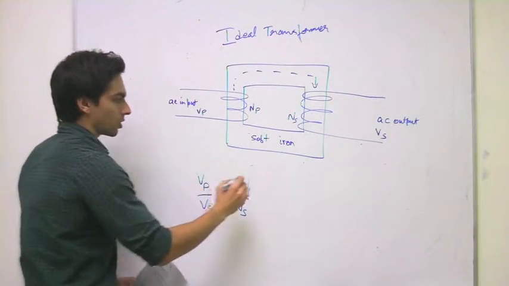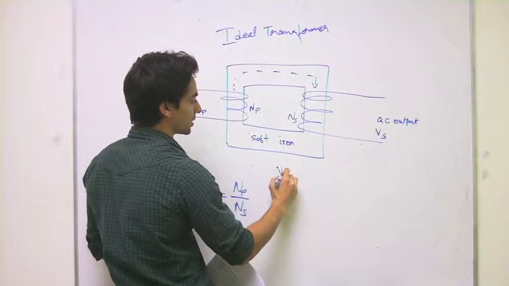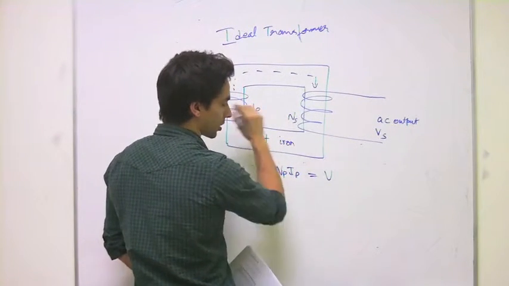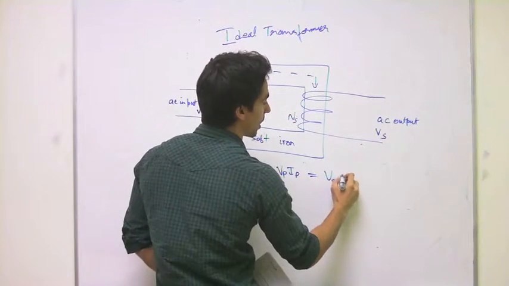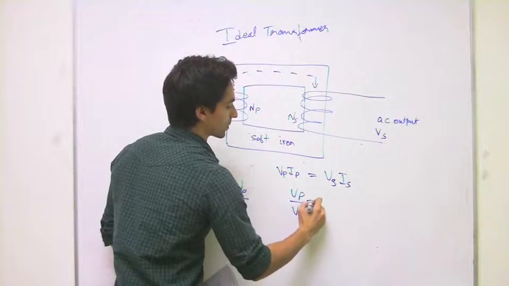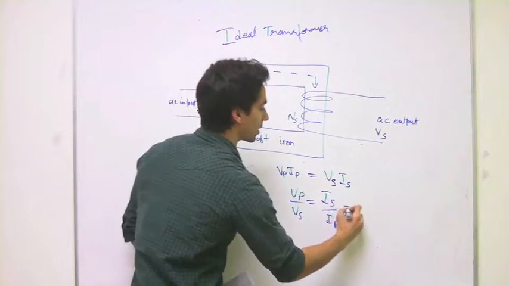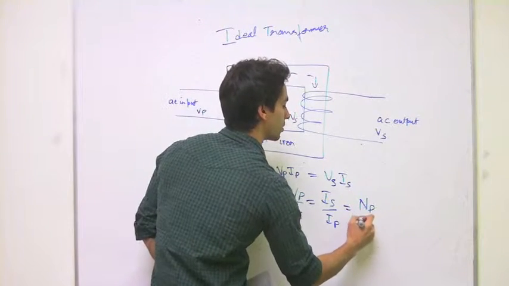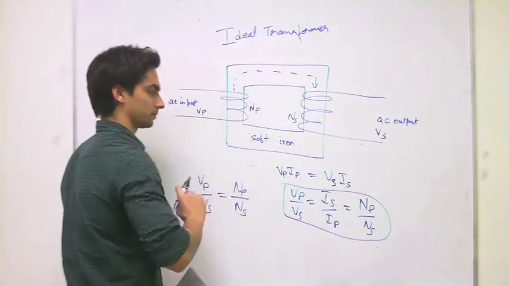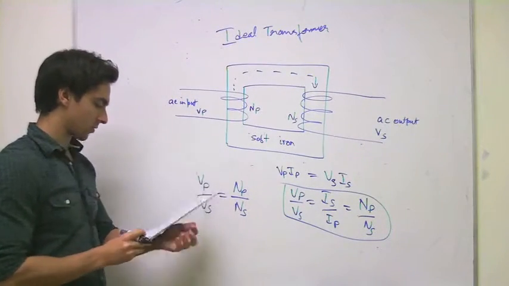We also know that since there is no power loss, the power dissipated in the primary circuit is equal to the power dissipated in the secondary circuit. So Vp over Vs equals Is over Ip, and from here we have that they are equal to Np over Ns. Now, that's the functioning of an ideal transformer.